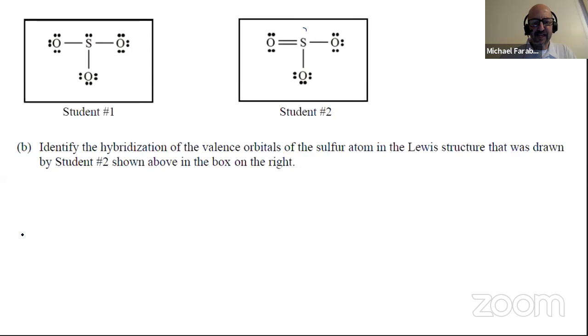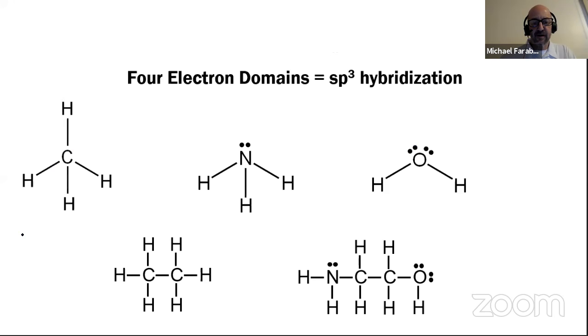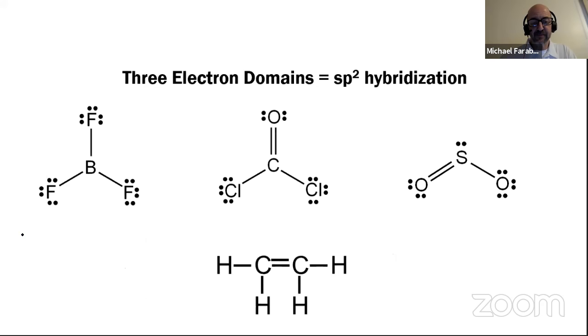Identify the hybridization of the sulfur in the Lewis structure drawn by student 2. So we have a total of 3 electron domains. If there were 4 electron domains, it would be sp3 hybridization. Because we have 3 electron domains, this is kind of like the molecule here.